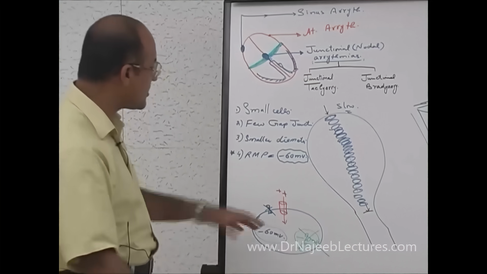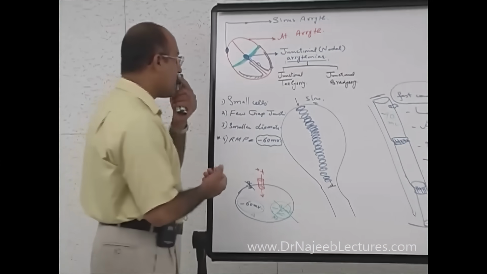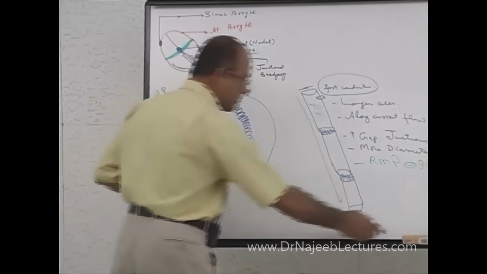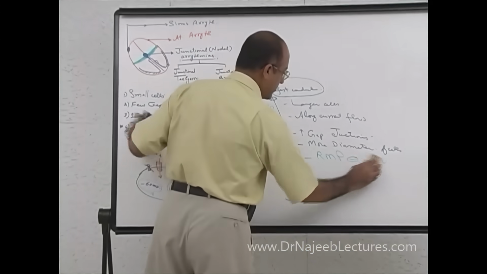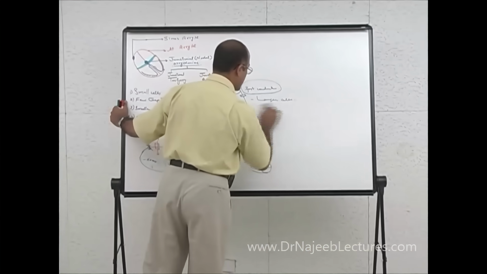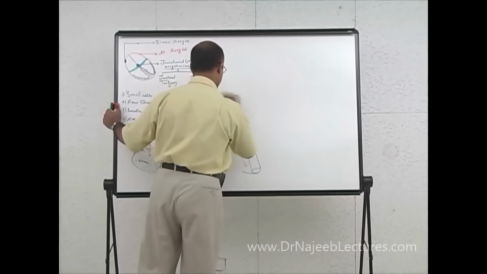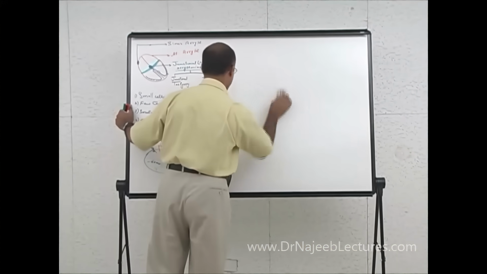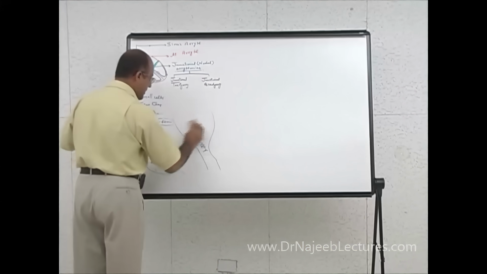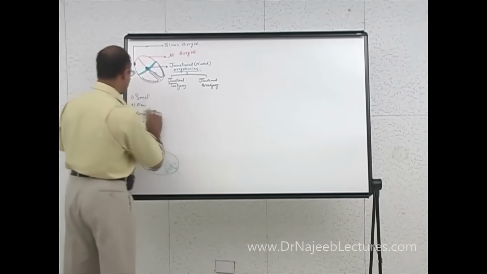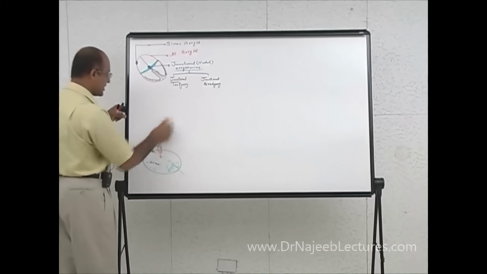Having said this basic concept, now we come to how the junctional bradycardias are produced. In the previous lecture, we discussed the vectorial analysis of electrical activity in the heart.